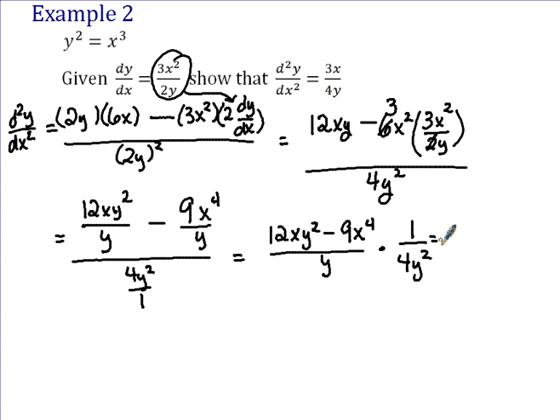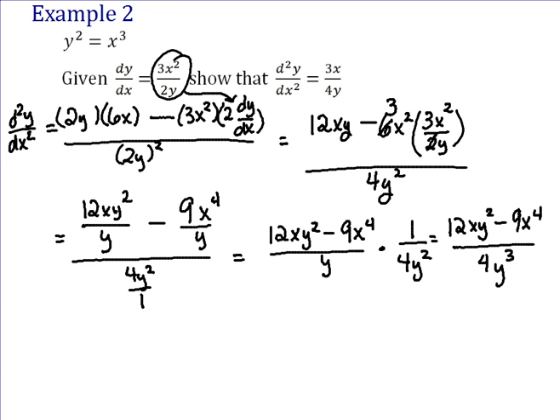So that gives me 12xy squared minus 9x to the 4th over 4y cubed. And it seems like that's all of the simplification that we can do so far.